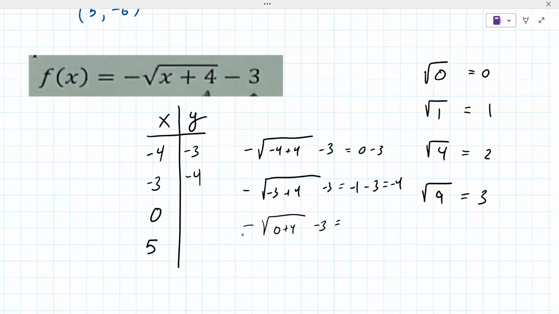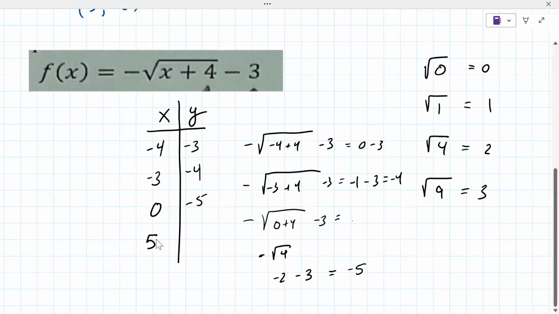We're not squaring. This is the square root of 4 negated. Square root of 4 is 2. So -2 minus 3. They're both negative, so that becomes -5.